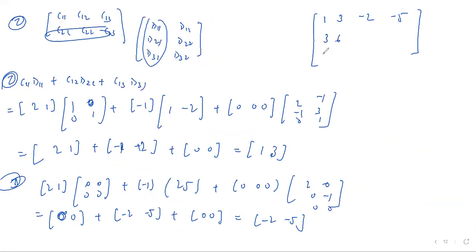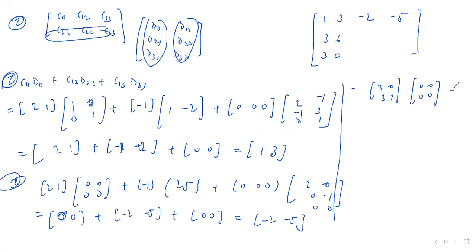So I got 3 6 3 0. Similarly we'll find for the other one, which is C21, C22, C23 into D12, D22, D32. Let's write it here. This will give us 4 0 3 1. This is my C21, D12, plus 3 1 2 5, plus minus 1 0 2 1, 5 minus 2, 2 0 0 0 minus 1 0.